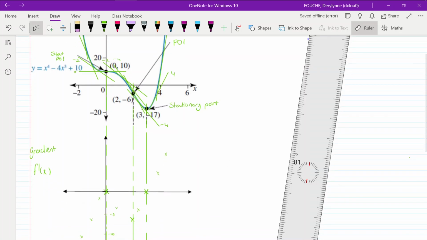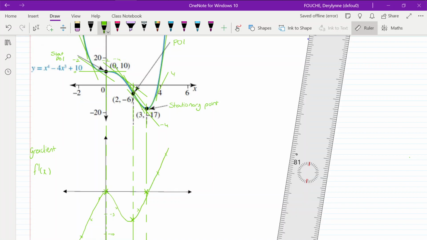And hopefully you can see that I've now given myself a few points that I can sketch a nice smooth curve through.